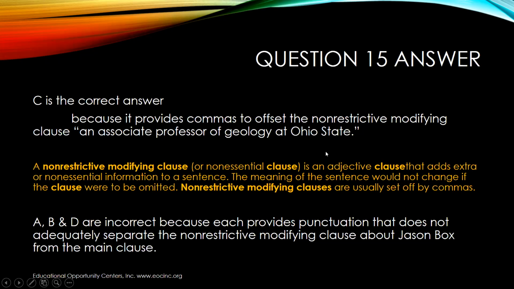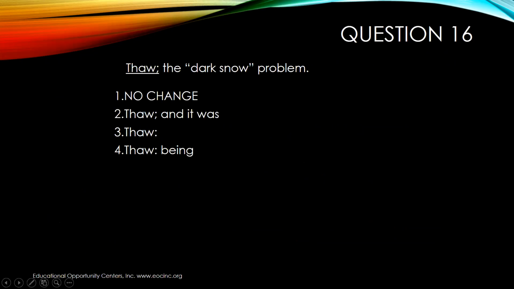So that's, again, reviewing your commas, or when we say a non-essential clause, that means if we were to put two commas around that clause, you could remove it and the sentence would still work. "Fox believes that another factor added to the early thaw." "An associate professor of geology at Ohio State" has commas around it because if you remove that, it's okay. So give yourself a little note that just says, good job.